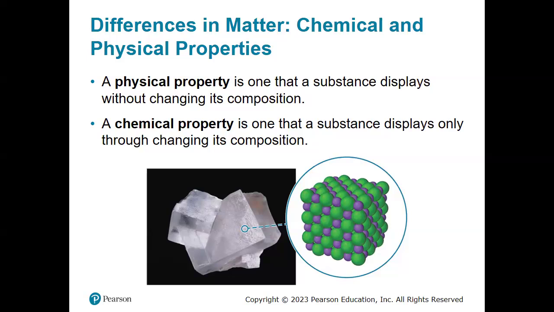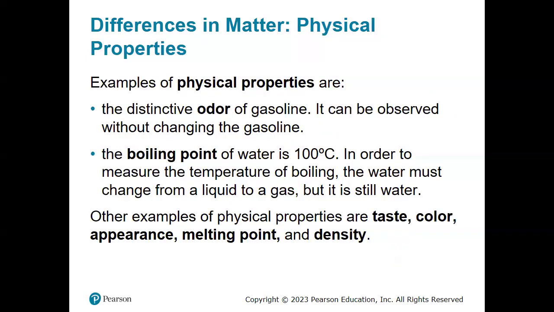So when it comes to chemical and physical properties, on the physical side, we're looking at mostly observables, things that we can monitor with our senses that would not change the actual identity of the substance itself. So things like odor, melting point or boiling point. Measuring just the temperature of it would be a physical property. I can measure the temperature of this room without changing anything chemically inside of it.